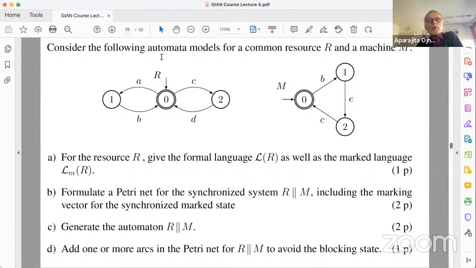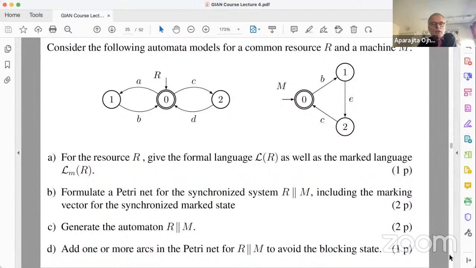So without telling you all the details here, this was actually a nice and, for me, new example. I was not aware that this situation can generate a deadlock, but there are practically relevant resource booking applications where this type of behavior could occur.